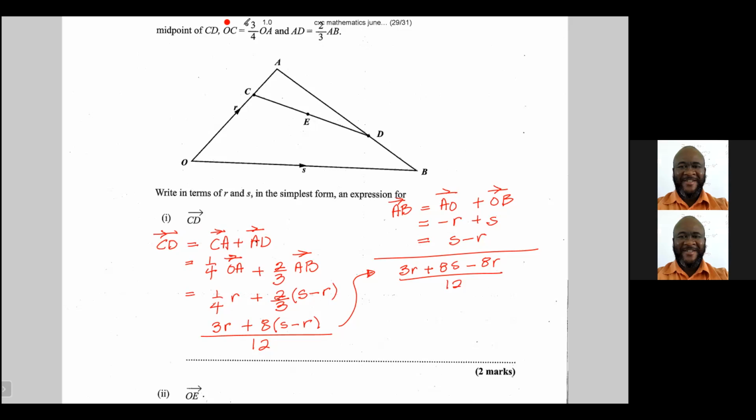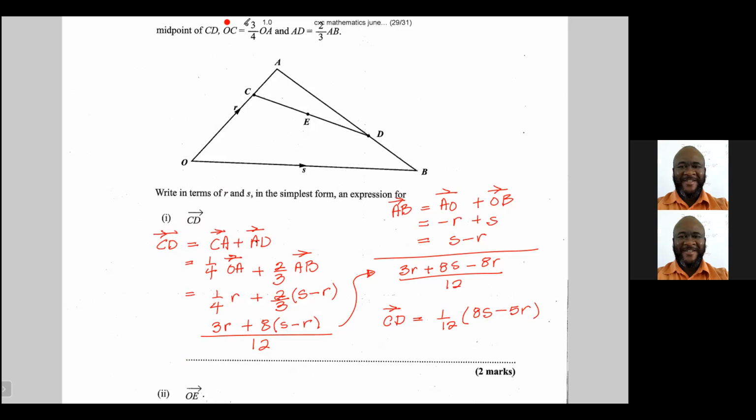So my final answer, the vector CD, is equal to 1/12 of 8S minus 8R plus 3R, which is minus 5R.